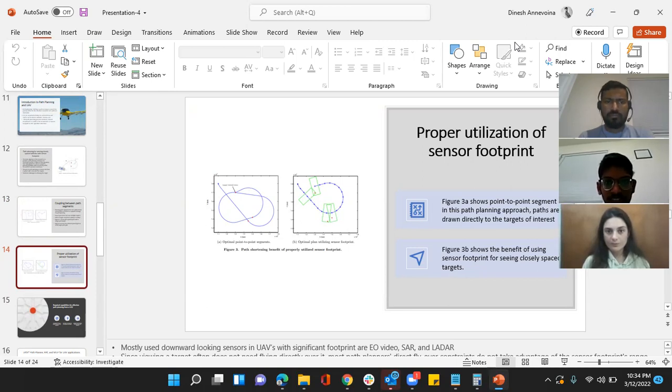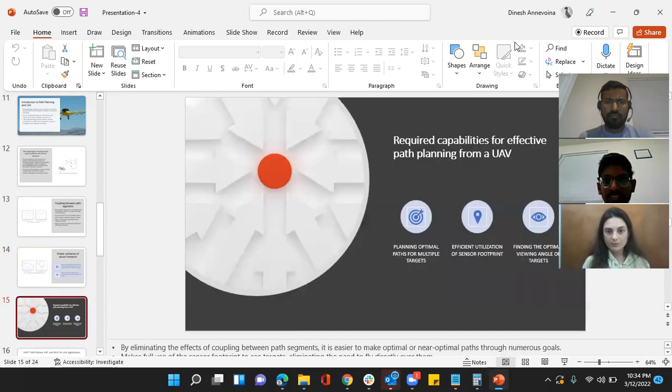So we can go to the next slide. These are the required capabilities for effective path planning for any unmanned air vehicle. It should plan optimal paths from multiple targets and efficiently utilize sensor footprint.